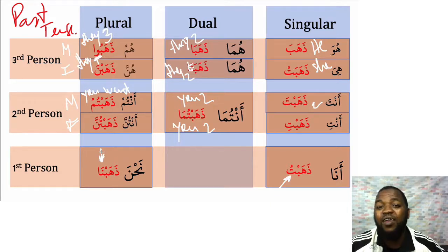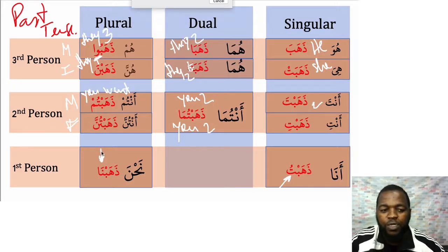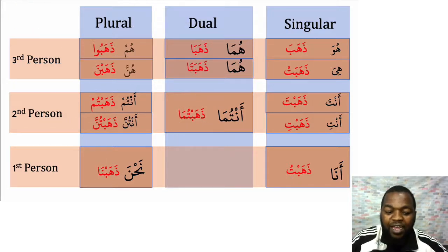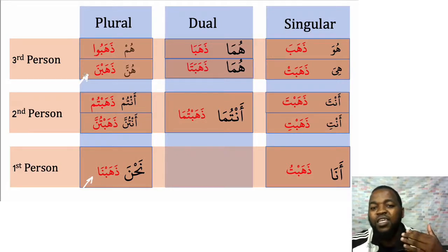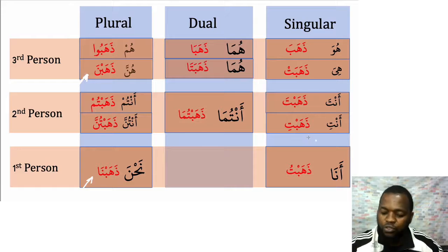The verb na means they, referring to females. So please don't confuse the verb na and the verb na. Here is the verb na, and down here is the verb na. You have to prolong a little, and here you don't need to prolong. This is the difference. So this is how you conjugate this verb.